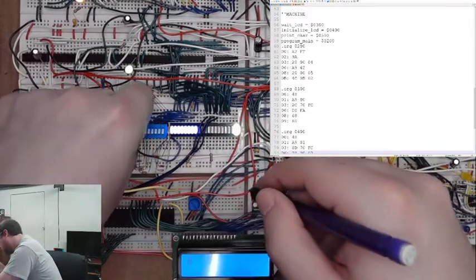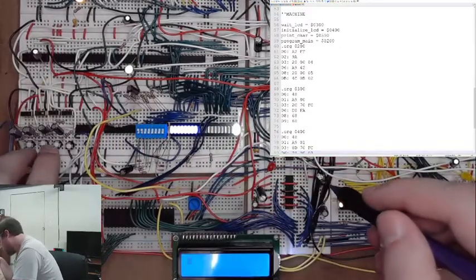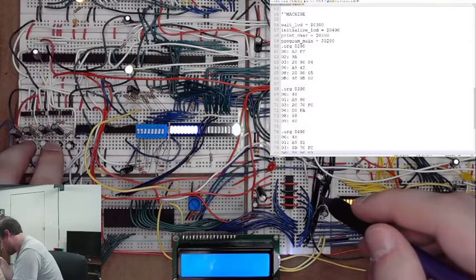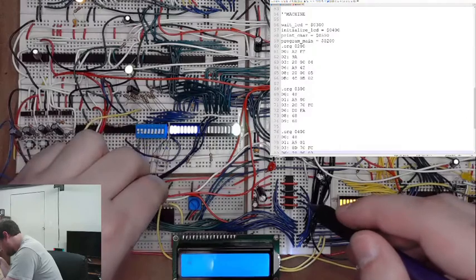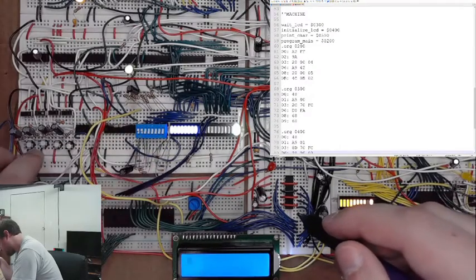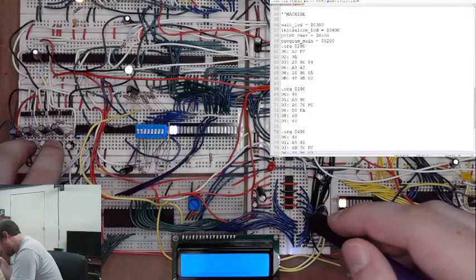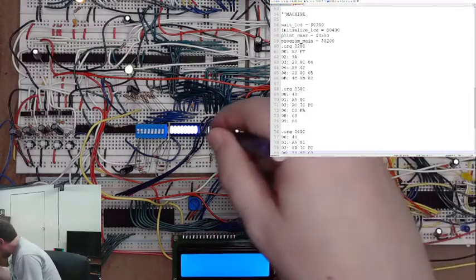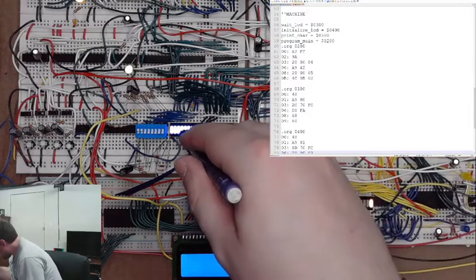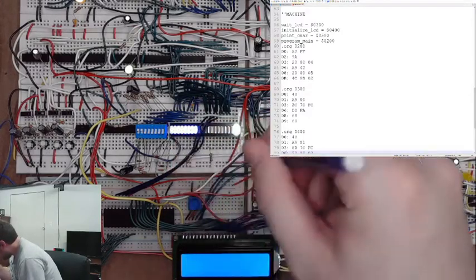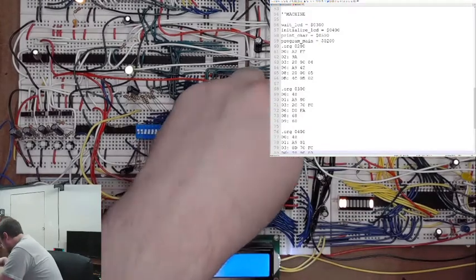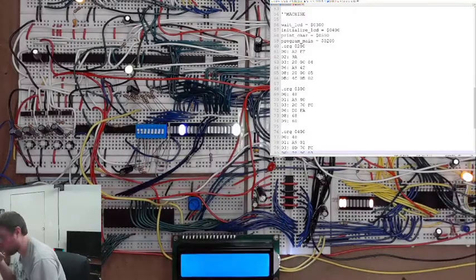We want to be at 3. There we go. So, now that we have 3, we want to go to here. Yep. Disable this. Enable the RAM. Let's take a look at it.